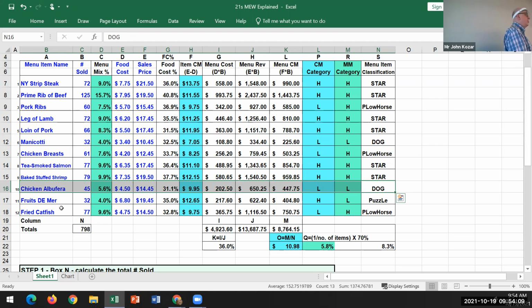Okay, so those are both dogs. So are we going to take both of them off, or is there a reason one is there? Or why are they dogs? Can you tell anything just by looking at the menu?